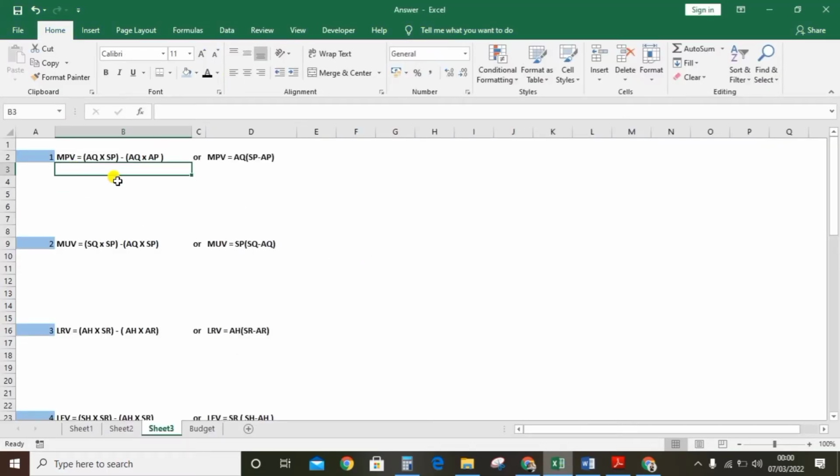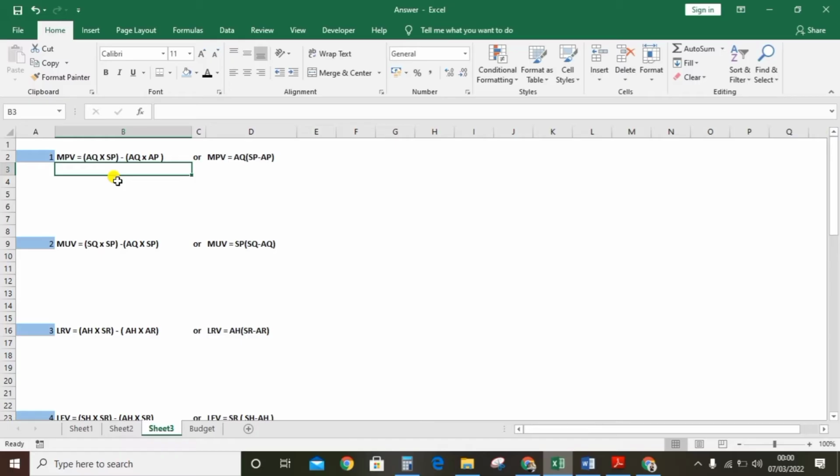I have given two patterns of equations, both with the same meaning, so you can choose whichever is easy for you. First, material price variance: the first equation is AQ times SP minus AQ times AP. The second equation is AQ within the bracket SP minus AP.